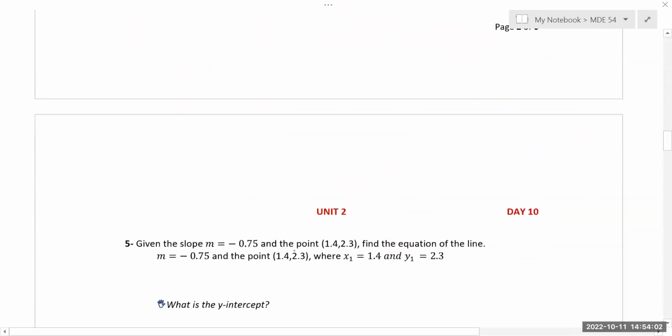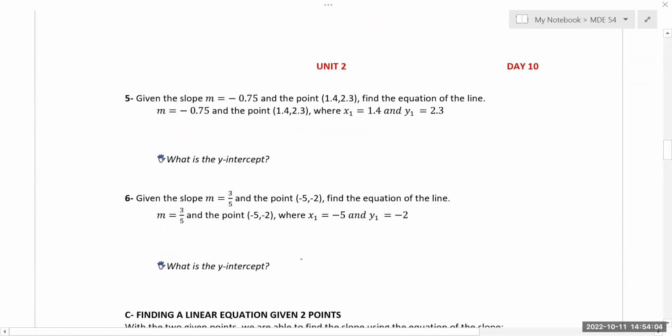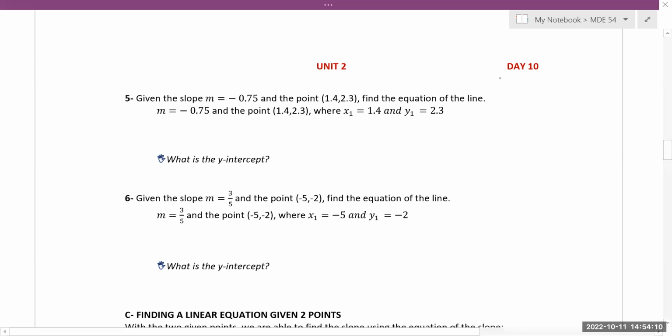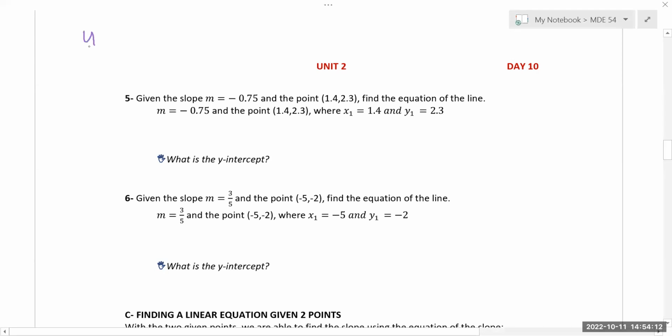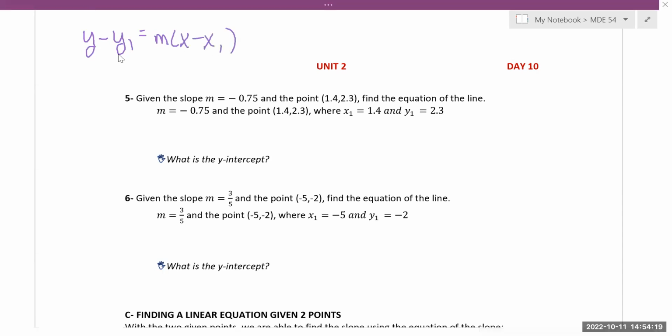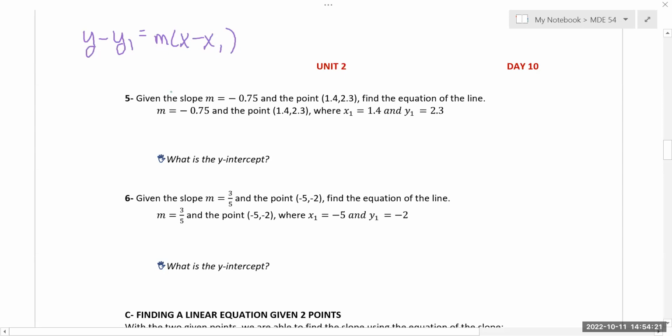Okay, so we've got another one coming. Given the slope and the point, find the equation of the line. So we have m and we have our y.